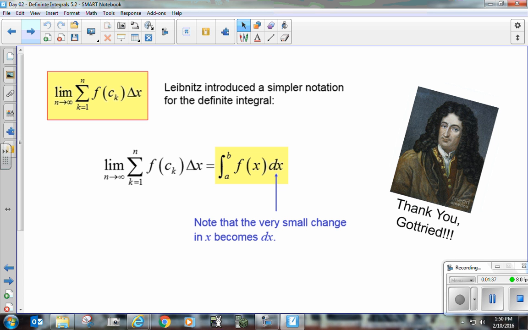Thank you, Gottfried. I think that was Leibniz's first name. I don't know how it's pronounced, but it's right there.